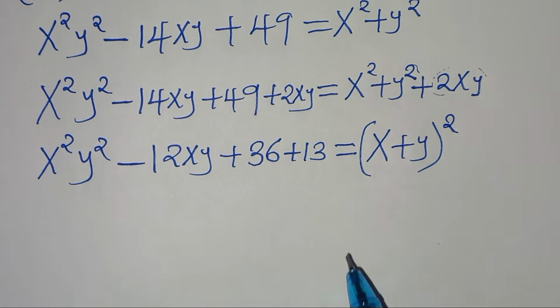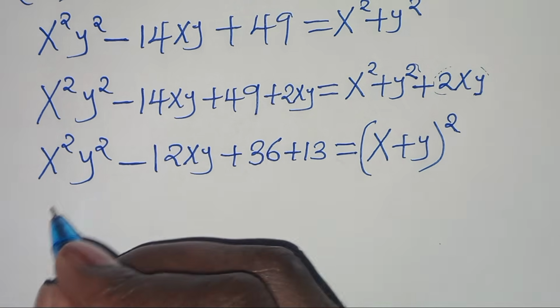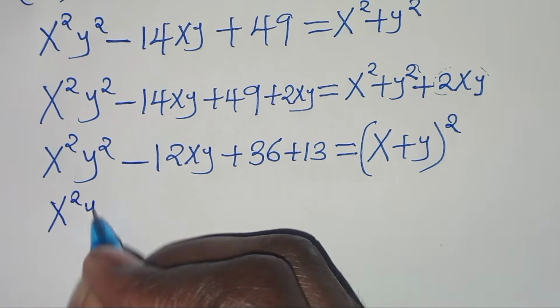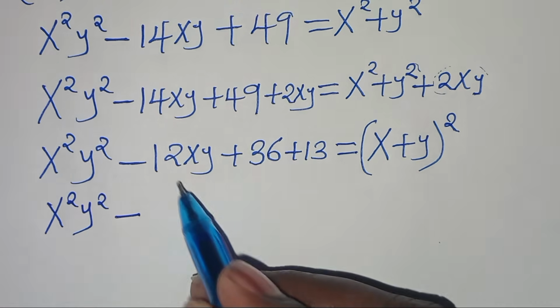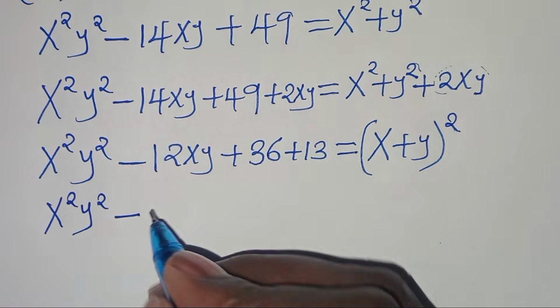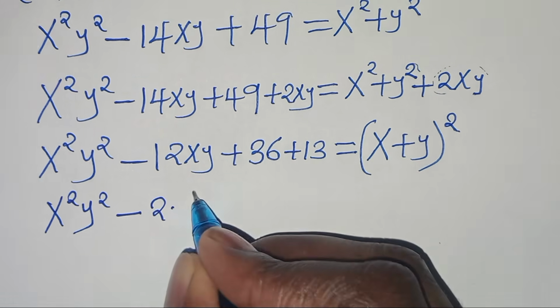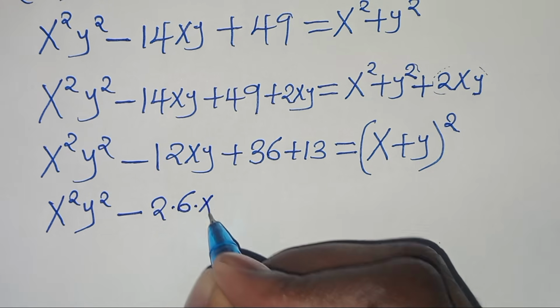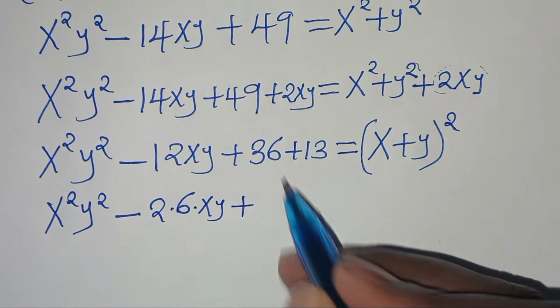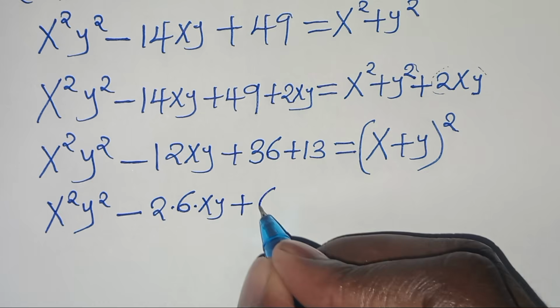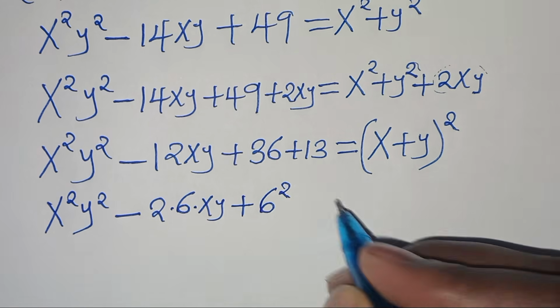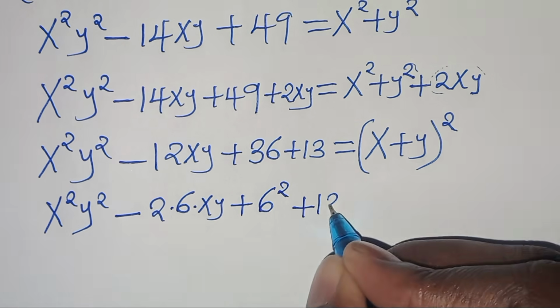The next step is x^2 y^2 - 12xy, which is the same thing as 2 times 6 times xy, then plus 36, which is the same thing as 6^2, then plus 13.